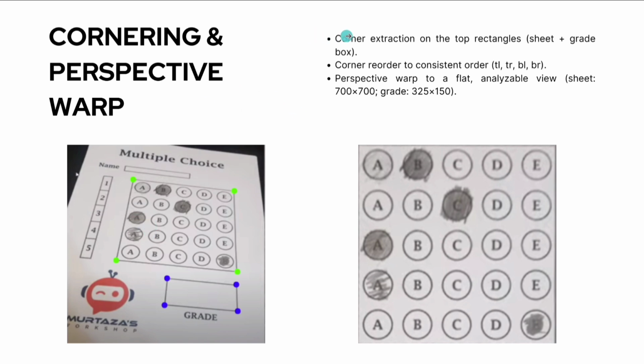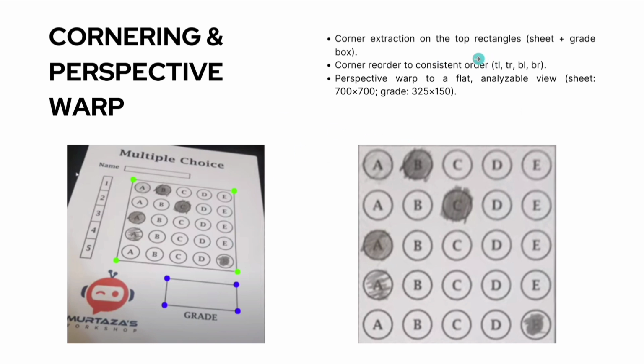How this works is, first, we extract the corners of the top rectangles, which include the sheet plus the grade box. Here we can see an example. We are getting the corners of each square and labeling them either green or blue, depending on which of the two squares they are. Then we can reorder them to a consistent order, displayed here: TL, TR, BL, BR, top left, top right, bottom left, bottom right.